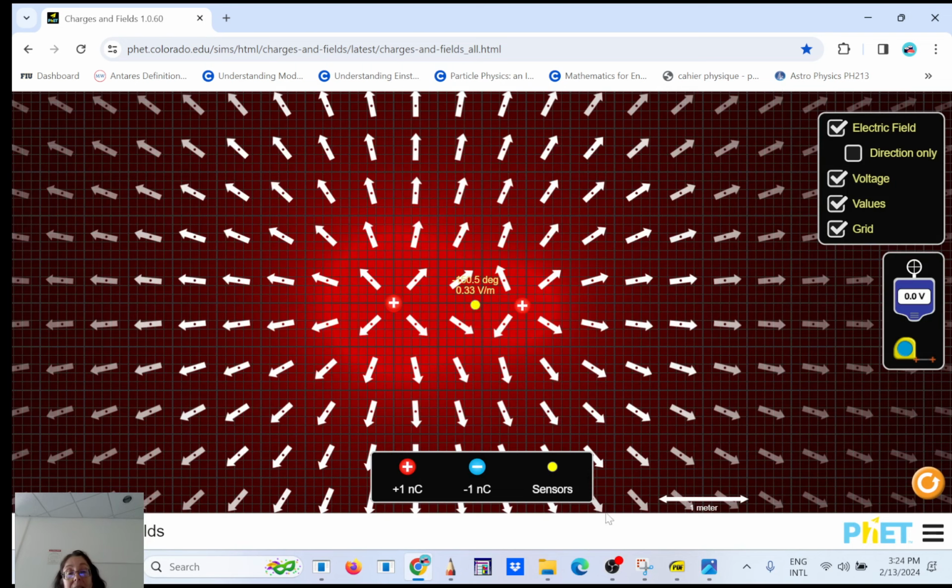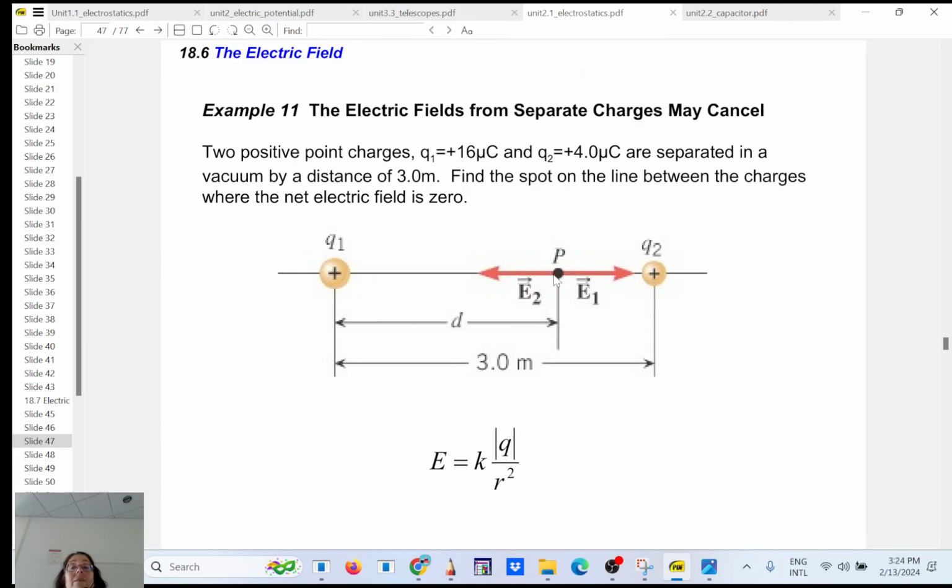Okay, so now that you get the idea, find that location where the two electric fields will cancel each other. So we use the superposition principle to find the electric field at that point. We're going to add the electric fields. So it's like finding the net force on 1 coulomb.